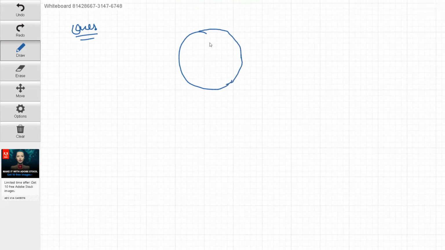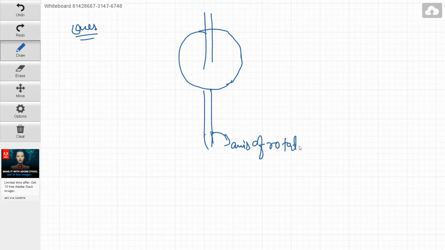Suppose this is the disc and this center is the axis of rotation. Suppose a tangential force of 50 Newton acts in this direction. Its radius is 1 by 2 meter.